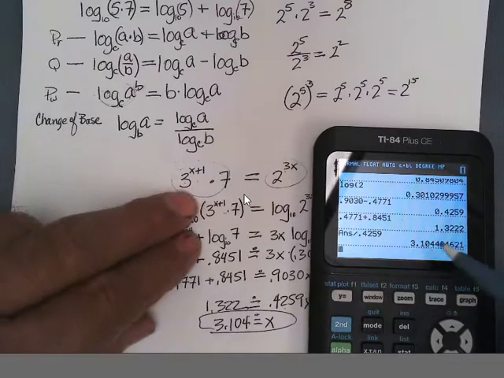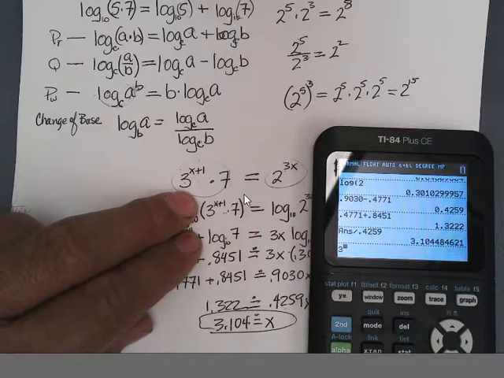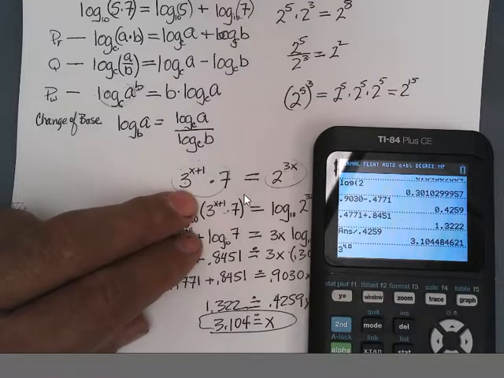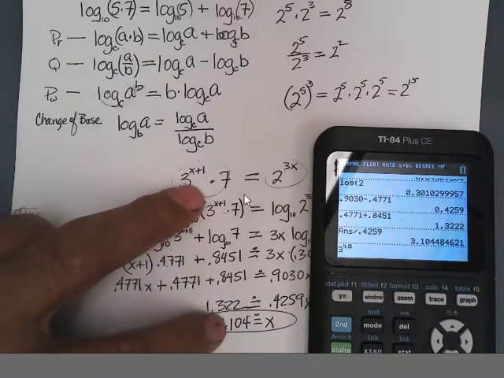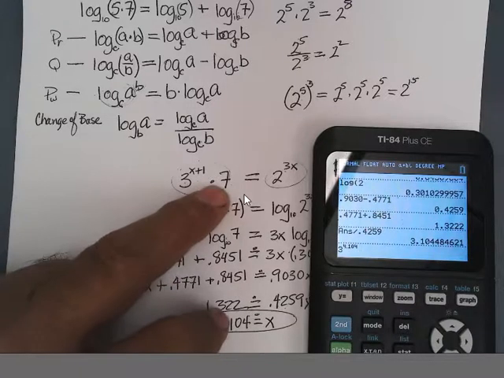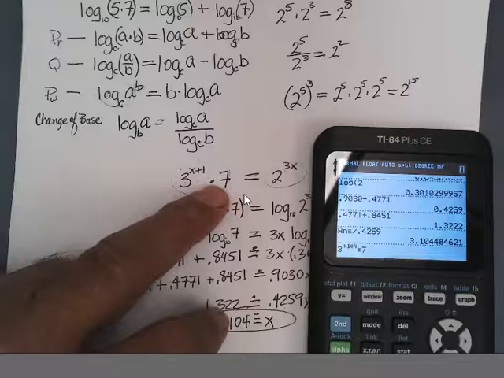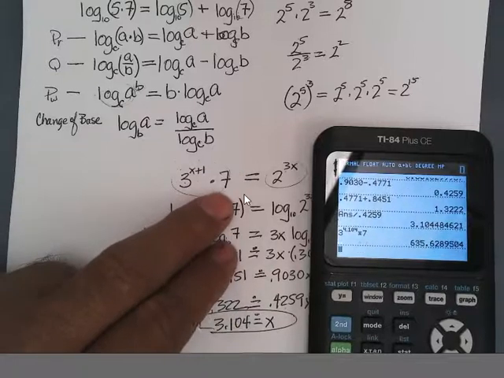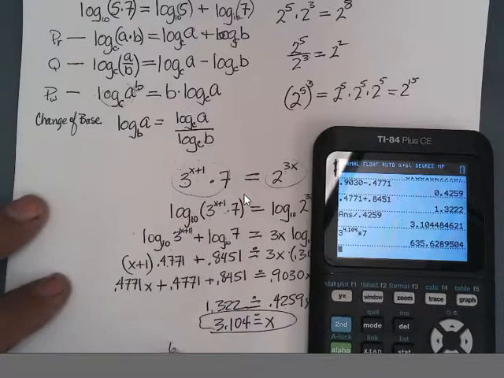So I'm going to figure out back here what is 3 to the power of, one more than that would be 4.104, times 7. That's this side. 635.6 whatever.